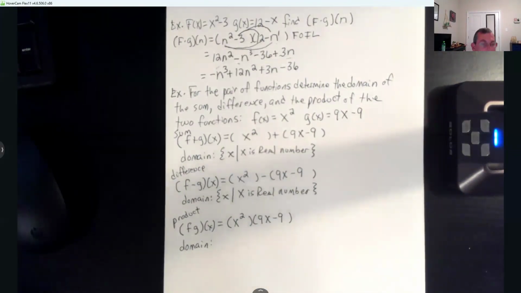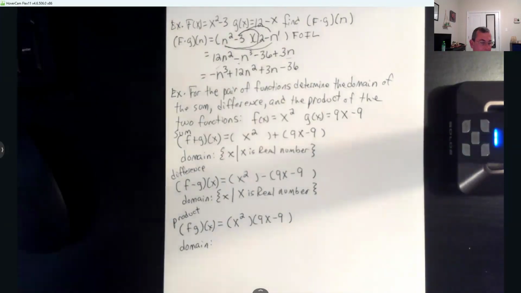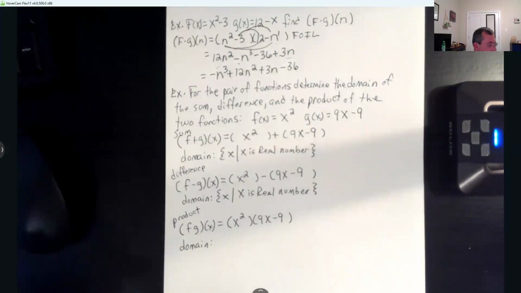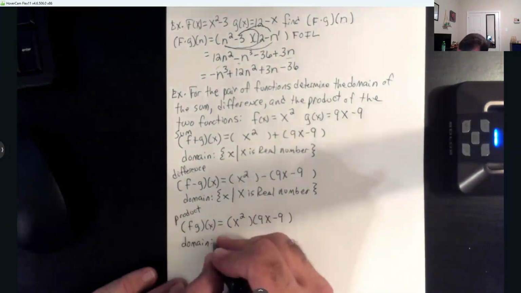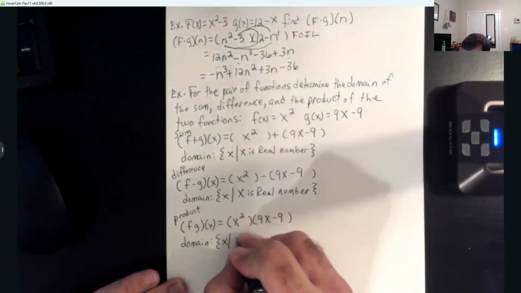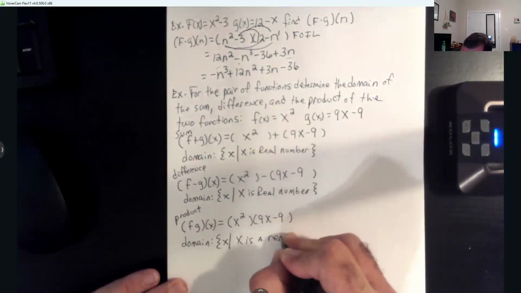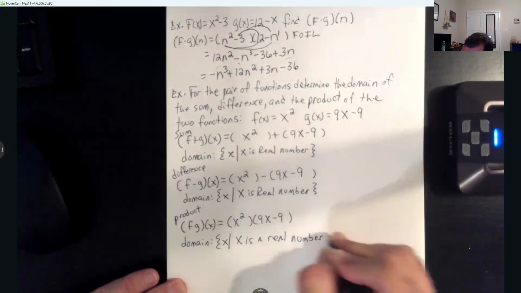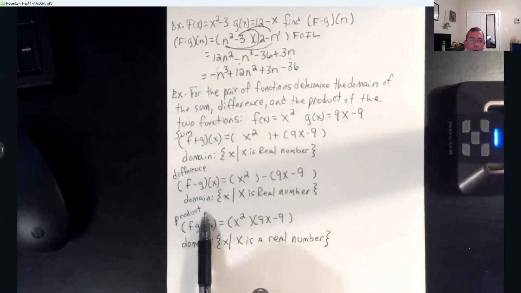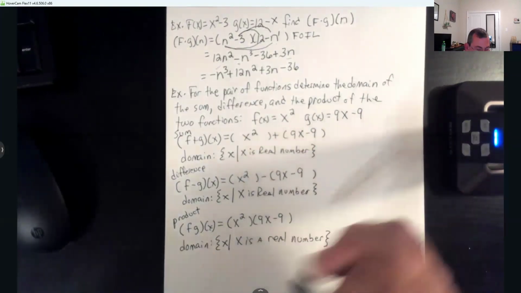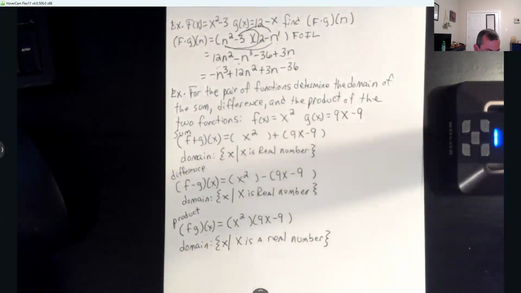It's still going to be all real numbers because you don't have a fraction there. All right, so x such that x is a real number. And you also notice the sum, the difference, and the product, they usually all got the same domains on those, okay?